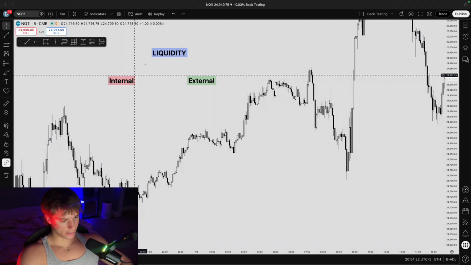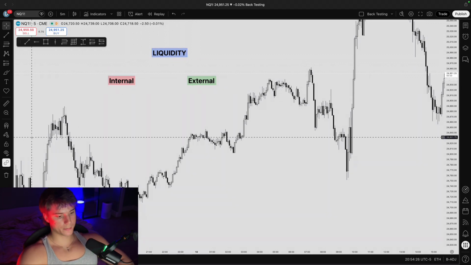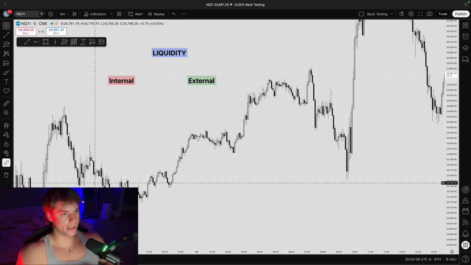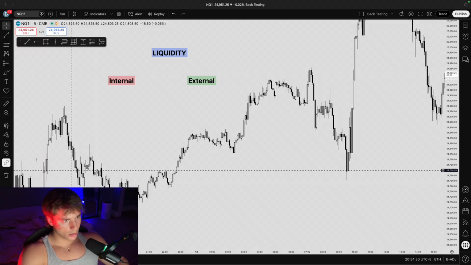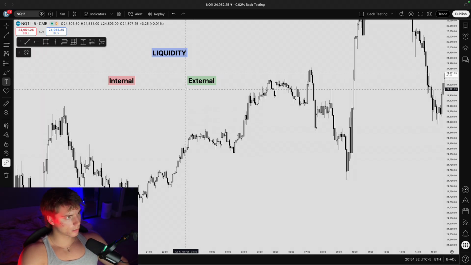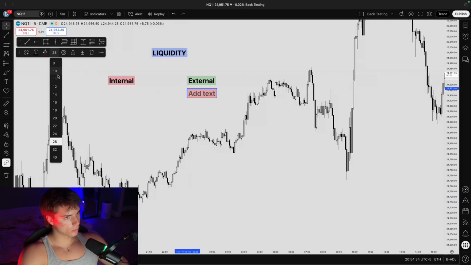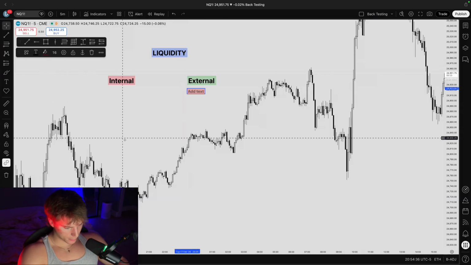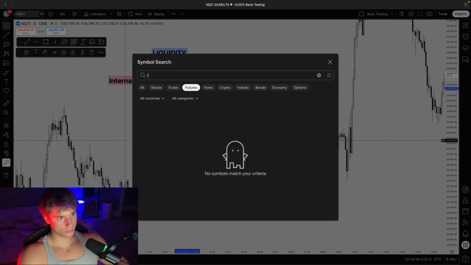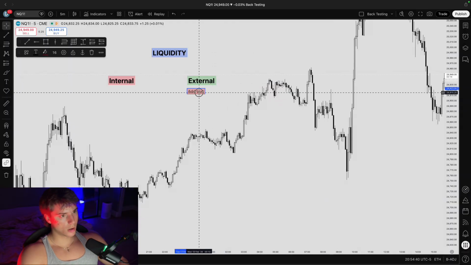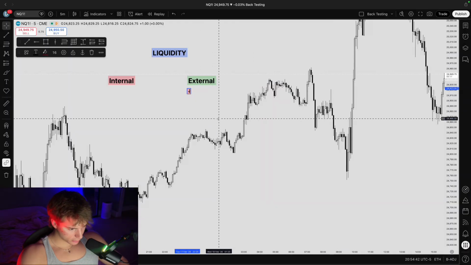Internal and external liquidity. So external liquidity is going to be here. Okay. External liquidity is going to be major forms of liquidity.